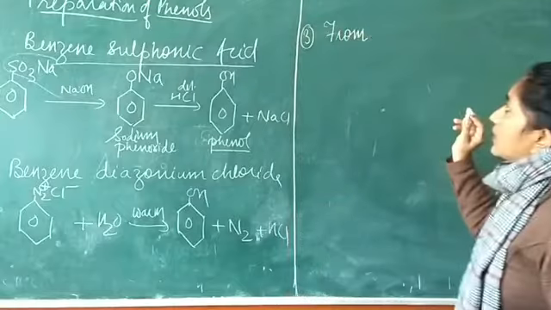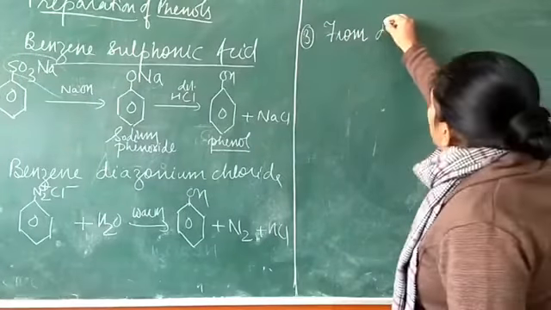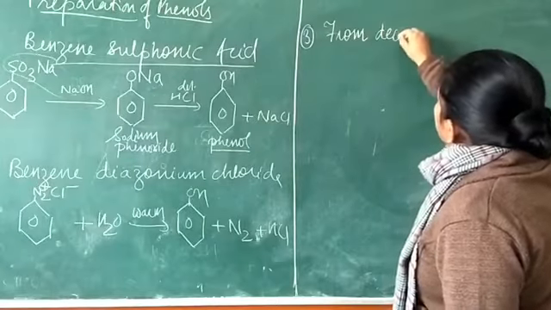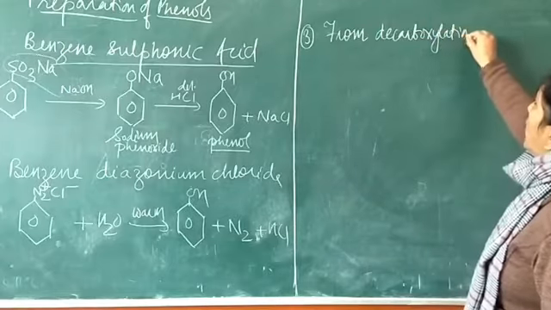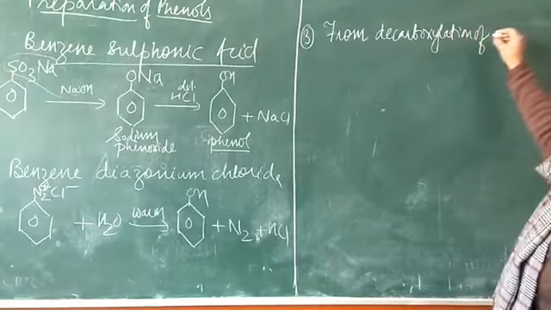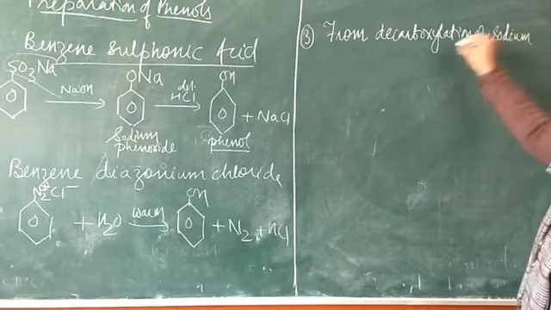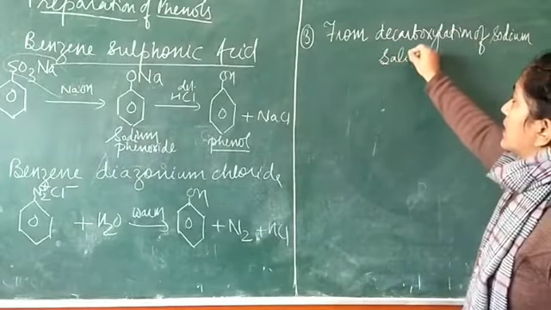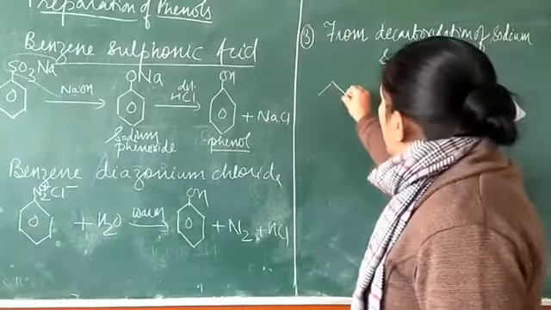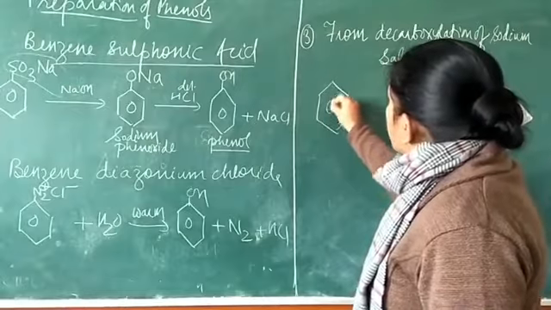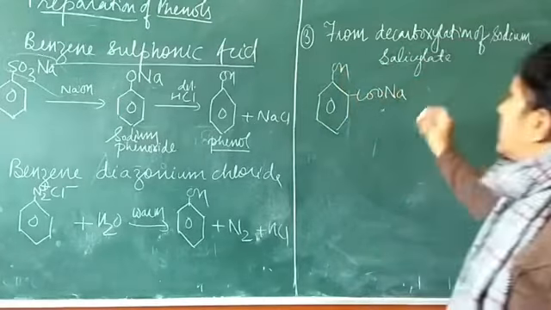Okay, before we start with the chlorobenzene, let's do decarboxylation of sodium salicylate. So we have salicylic acid. This is the sodium salt of it, right?